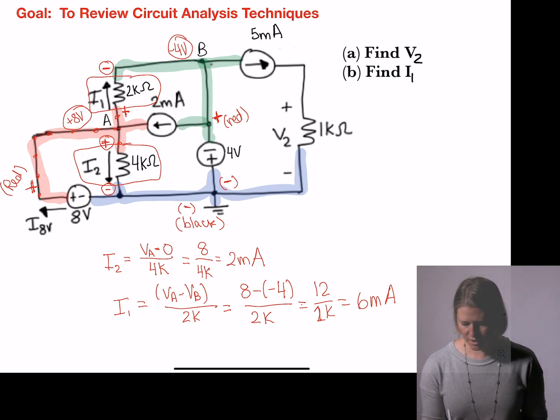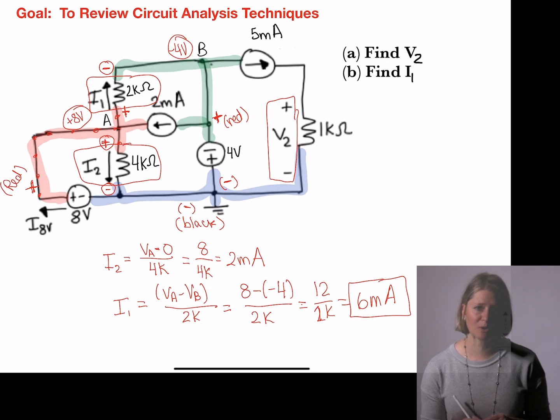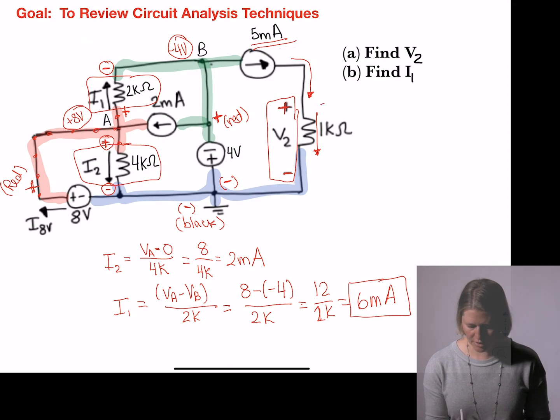Another goal is to solve for V2 oriented as a plus to minus polarity. That means if I take the plus side is going to be my red wire for my multimeter, the minus is going to be the black wire for the multimeter. If I probe that, I'm going to find, using Ohm's law, the voltage at V2. Because I have in this branch a 5 milliamp current, that's going to set all of the current going through this until I reach another node.